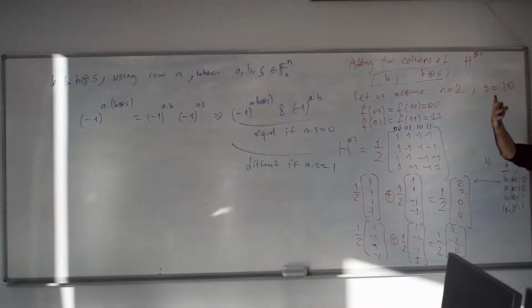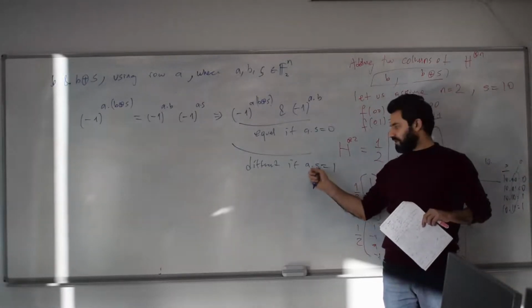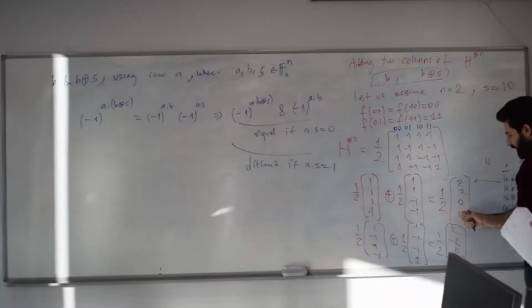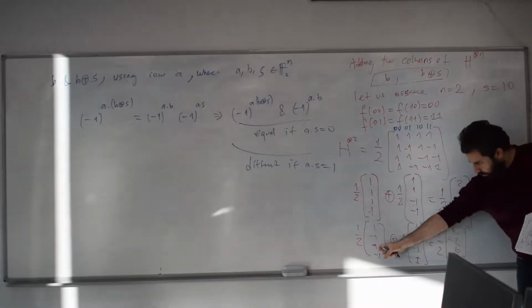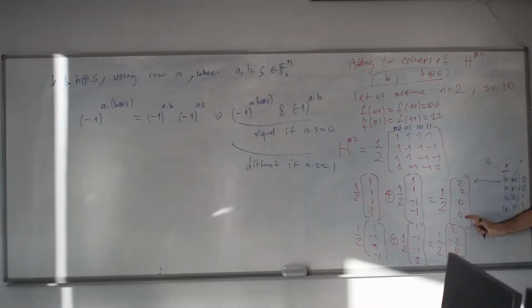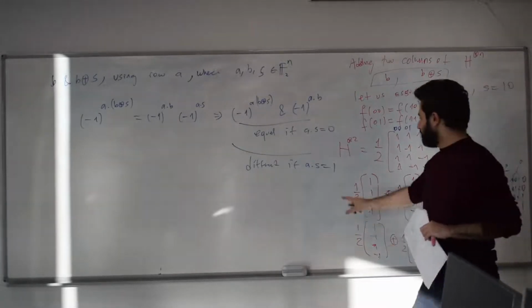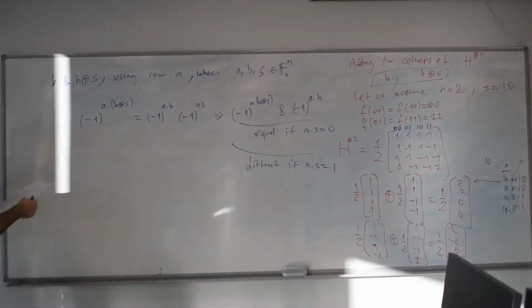However, if they are not equal, in other words if A dot S is 1, they're going to cancel each other out. They become 0, because their dot product is 1. So this is the observation we have.